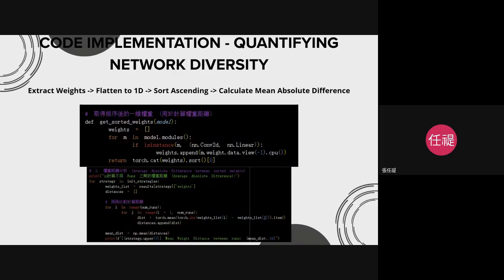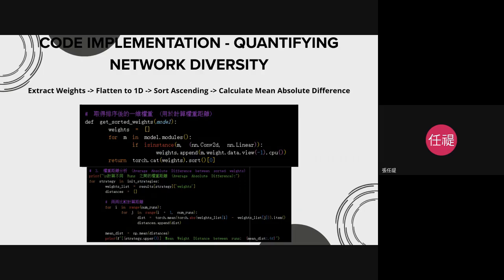So finally, to calculate the distance between learned weights from different rounds, we face the permutation symmetry problem. Neural networks can shuffle their internal nodes and still be exactly the same. Therefore, an element-by-element comparison is mathematically invalid.